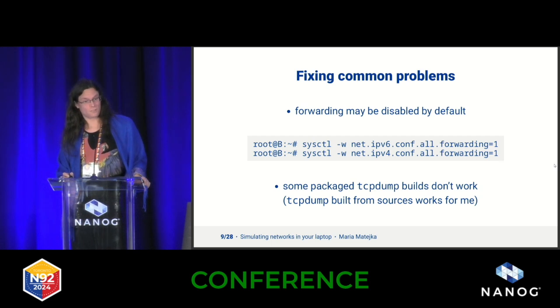And also, I ran into problems with TCP dump, which is, well, in Debian, TCP dump is forced to run as a different user, and you don't have a different user, don't have a different group, because you are having just the root in those machines. So I had to rebuild TCP dump from sources.